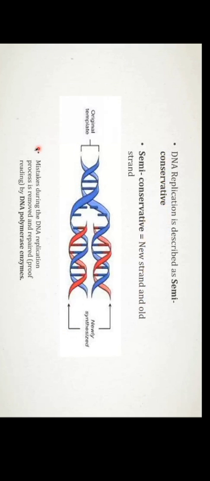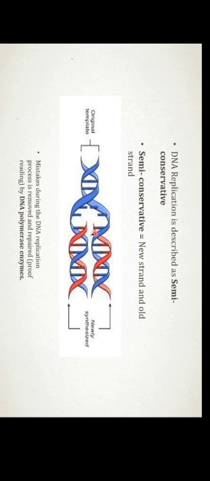Okay. And according to the video that you watched earlier, DNA replication is described as semi-conservative. It is because your DNA is actually made up of a new strand of DNA and an old strand. So here in this diagram that we have in our presentation, the blue ones are the old strands of DNA and the new ones are colored in red.